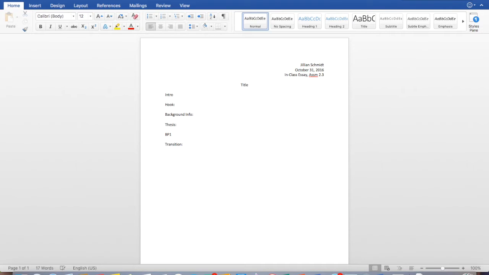And then with that transition, I also want to have a tie in to my thesis, because when you have body paragraphs, they should always start out in a traditional essay. They should always start out with a direct tie into that thesis so that you have focus. From there, I might have like one sentence of support for how I am saying that this ties in.